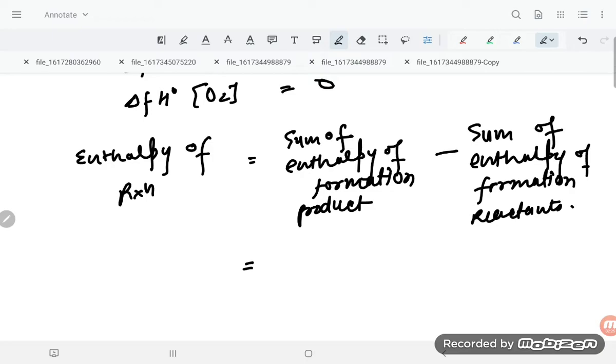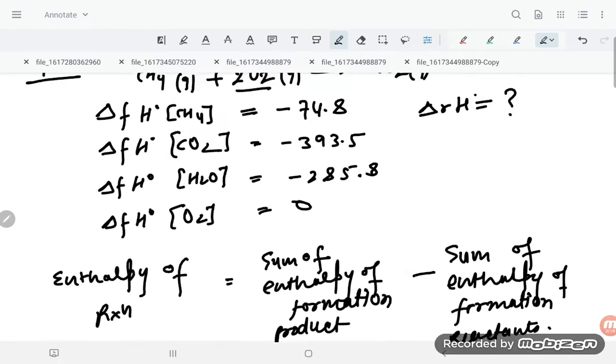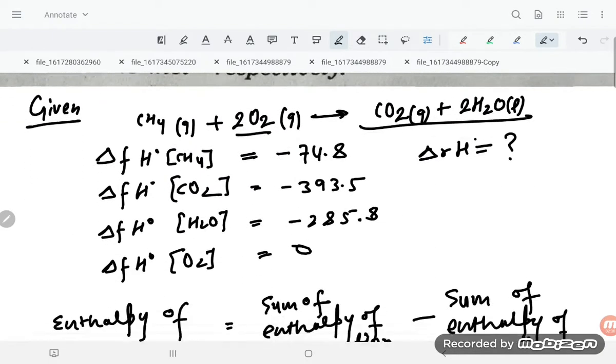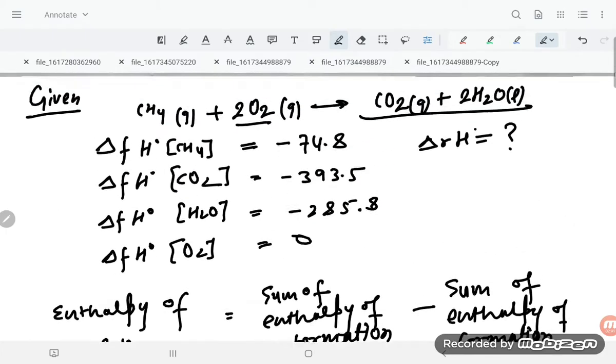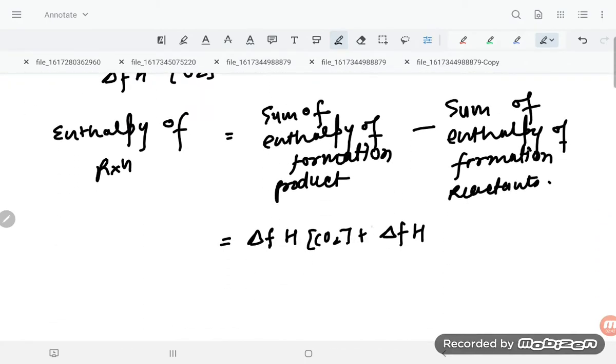Now the sum of enthalpy of formation of products. You see what the products are here: carbon dioxide and water. So delta f H of carbon dioxide in one bracket, plus 2 into delta f H of water, since there are 2 moles.